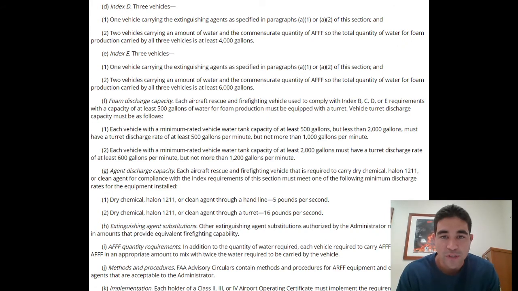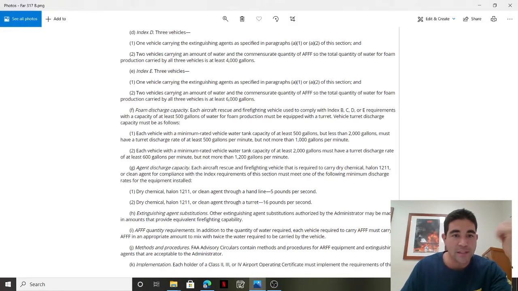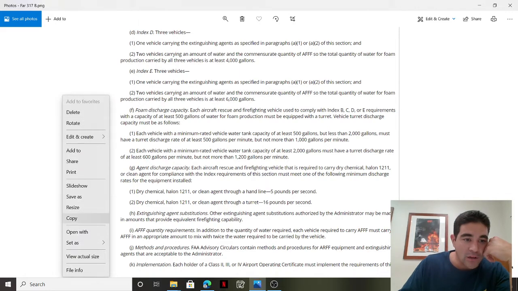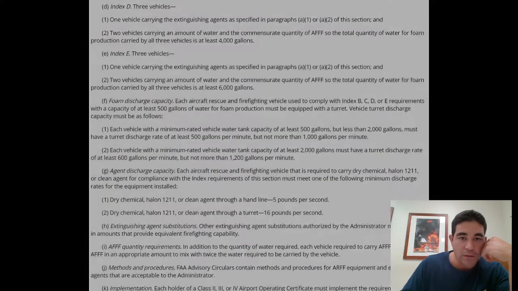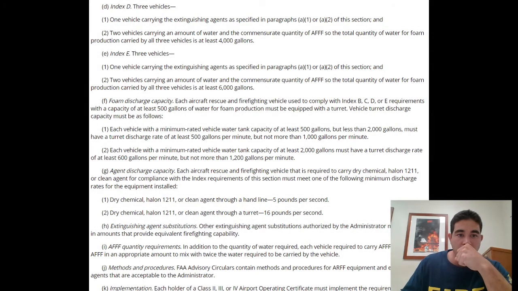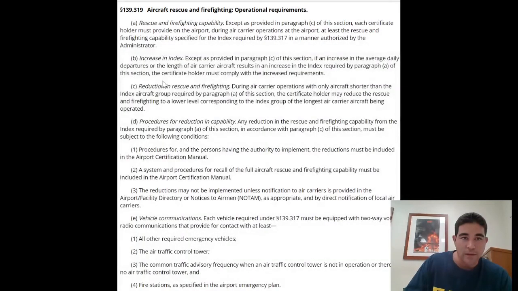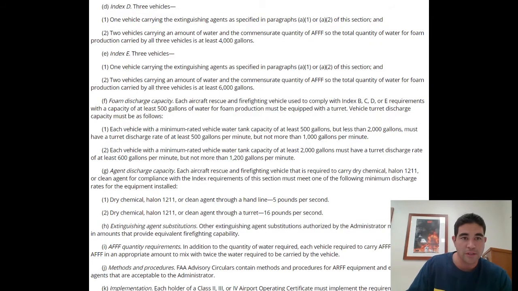Since we use 3% foam, you need at least that much foam so that you can use your full gallons of water and still have enough foam. So that's what that's saying. And then that's pretty much it for this. Your index E needs to have 6,000 gallons.